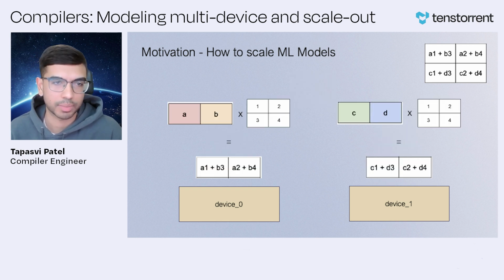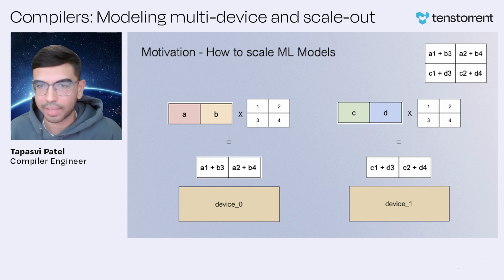Once we do the matrix multiplication, we have AB being matrix multiplied with this weight matrix, and similarly on the right-hand side, it's going to produce this result over here, which is very similar to the final result that you see on the final output matrix. And then device 1 is also going to produce the same exact result that you see over here.